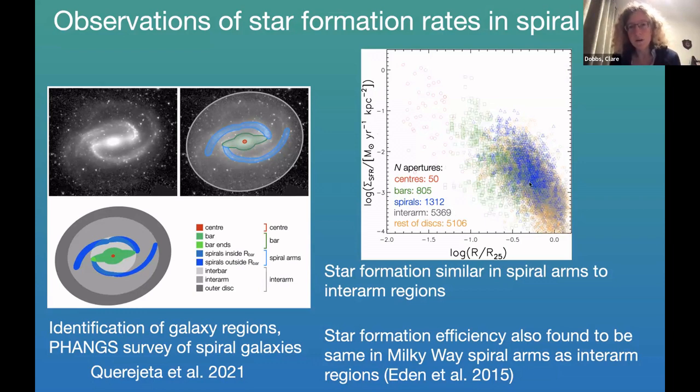Some were in spiral arms, some were in interarm regions, bars and centers. The interarm, which is grey, and the spiral, blue, aren't really that much different, and the disk generally. The place where you do see bigger differences is the center. Actually, the bar's quite different as well. So you do see differences, but the biggest differences are with the center of the galaxy rather than the spiral arm making much difference. We've seen the same thing in the Milky Way as well.